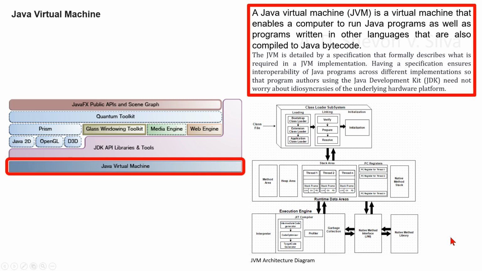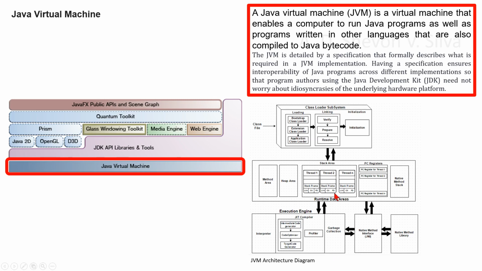Then that .class file is input into the JVM, which loads and executes the class files. As shown in this diagram, the JVM is divided into three main subsystems: class loader subsystem, runtime data area, and execution engine.